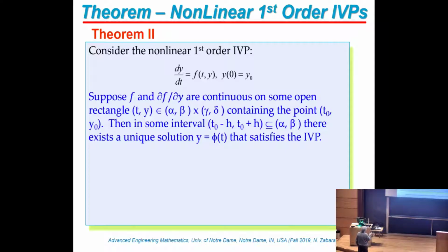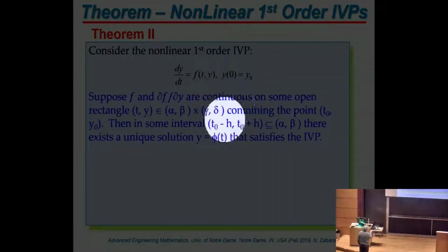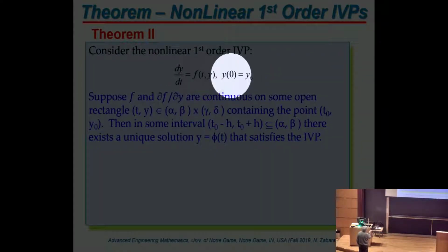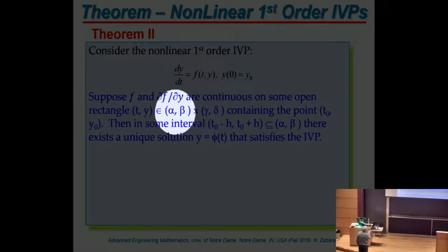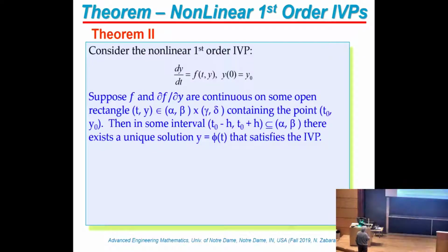Okay? Then, in some interval around the initial condition, the initial time t0, that is a subset of this interval from alpha to beta, there exists a unique solution that satisfies the initial value problem.